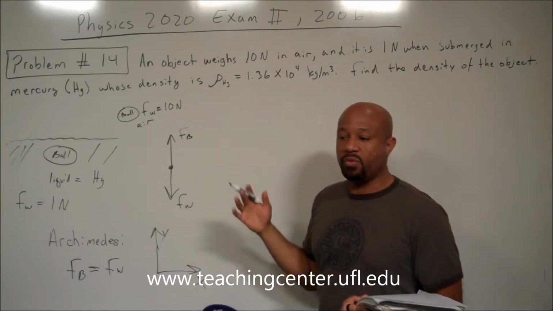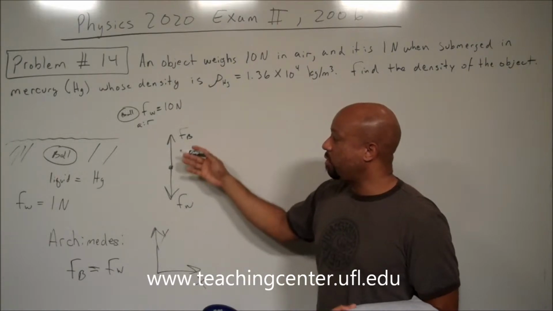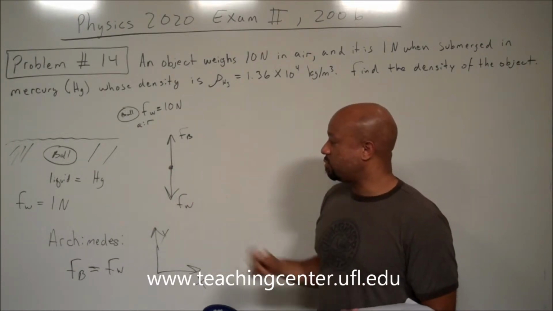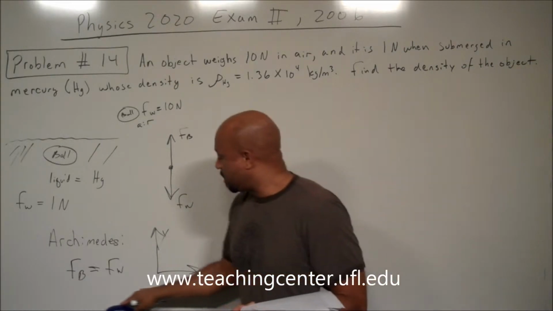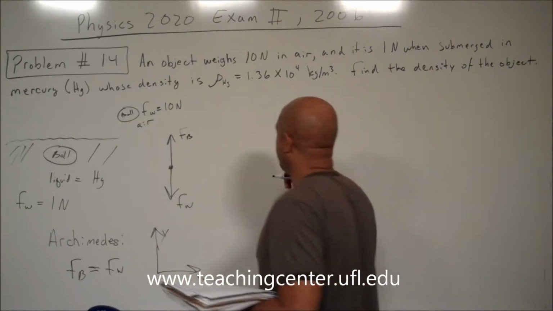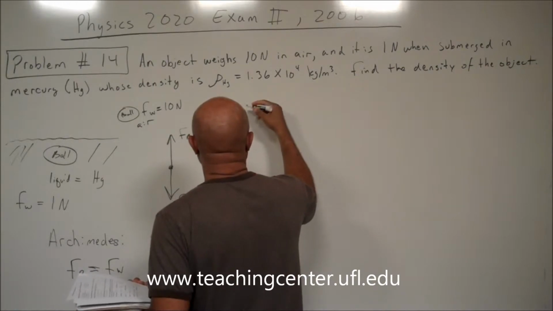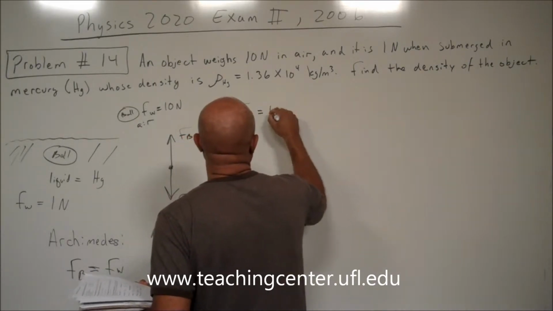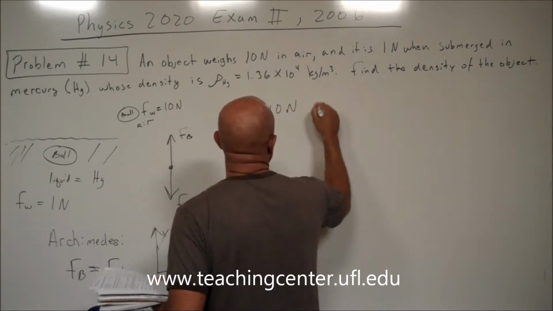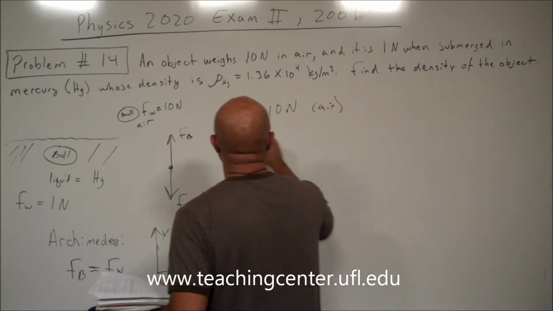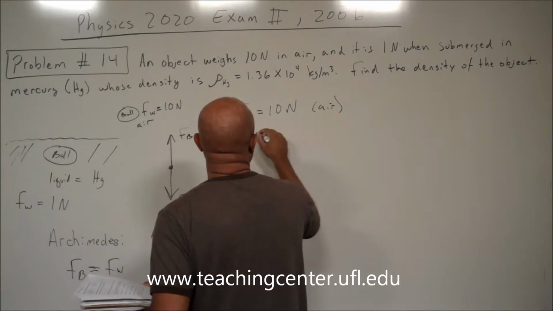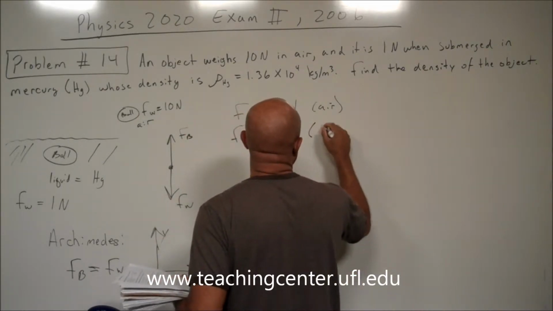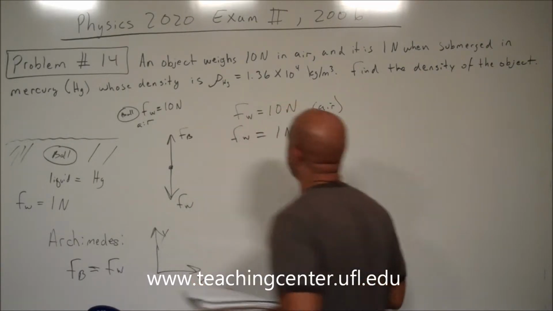It's not going to see a weight of 0 newtons. If they were equal, the liquid would see a weight of 0 newtons, because these two forces would balance out. So basically what I'm trying to say is that in air, the weight force is equal to 10 newtons. So this is in air. The weight force in the liquid is going to be 1 newton. So this is in mercury.